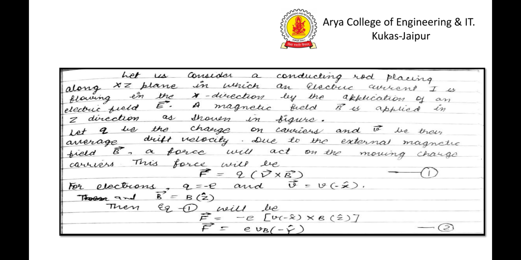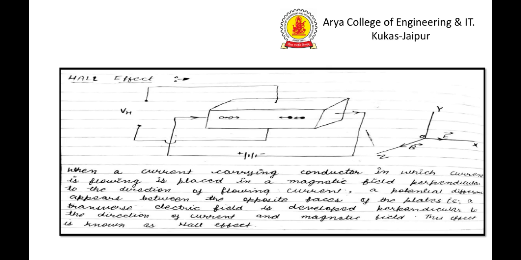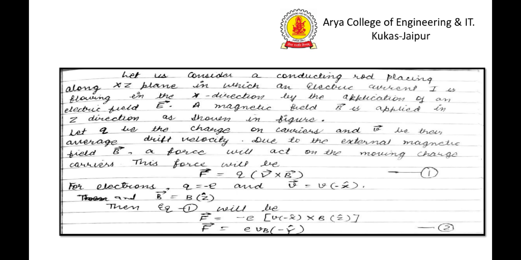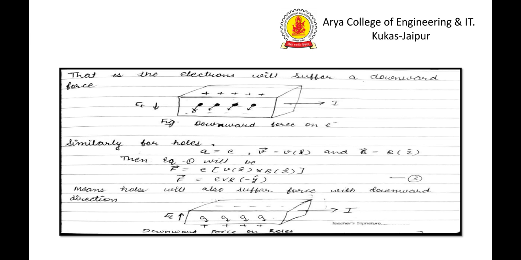That's why F vector is equal to evB (minus y cap). That is, the electron will suffer a downward force because force is in the direction of minus y cap.